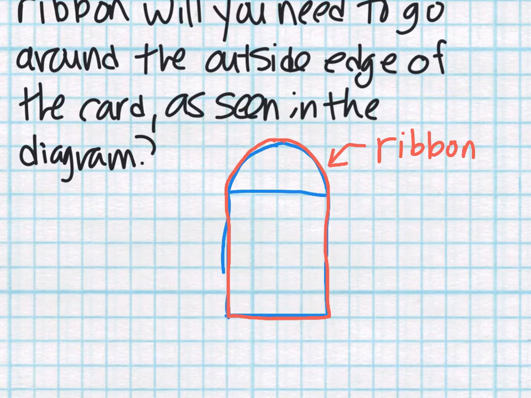Alright, so we need some information. So we need to know a few measurements on here. So this distance right here from one side of the card to the other, that is 5 inches.